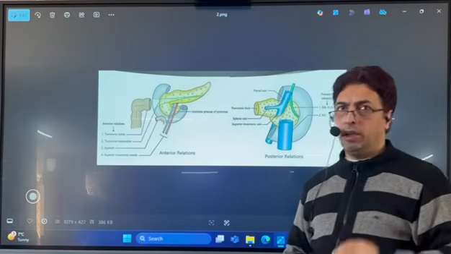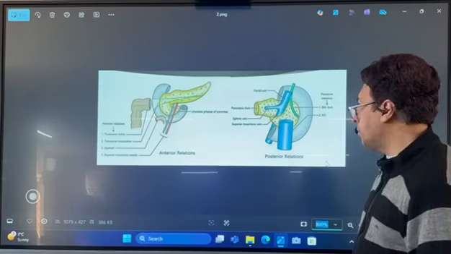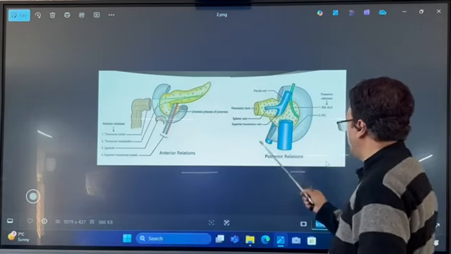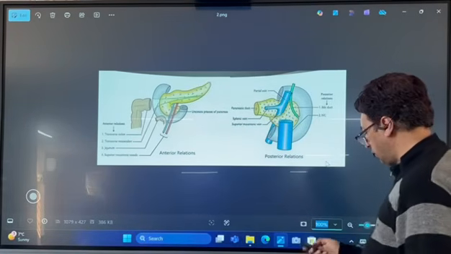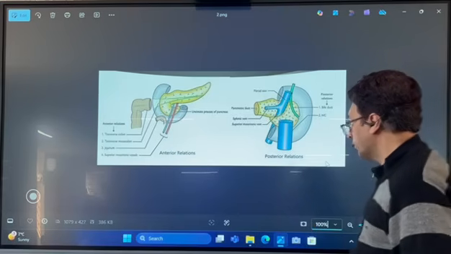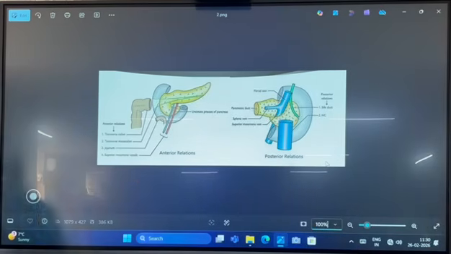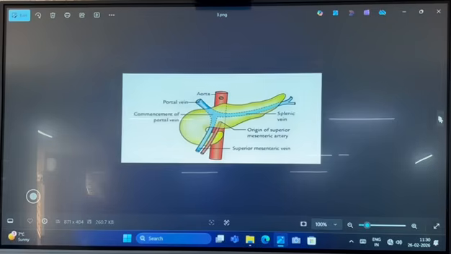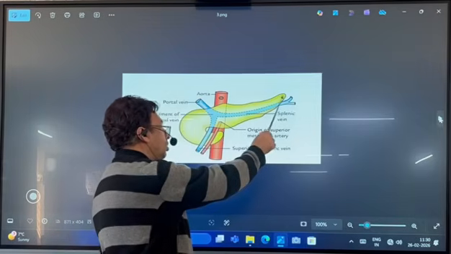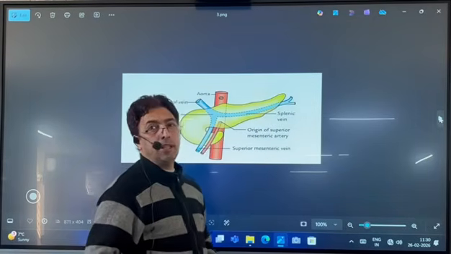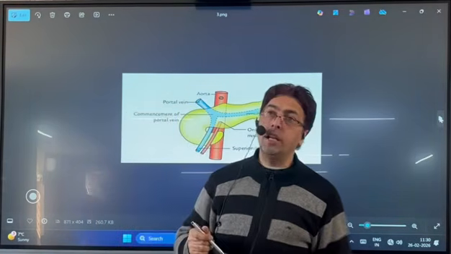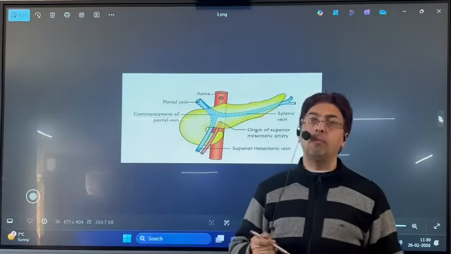Now, after head, neck, body, comes the tail of the pancreas. I will show you. Just a second. Over here, this is the tail of the pancreas, and it goes in relation to the spleen, to the hilum of the spleen.